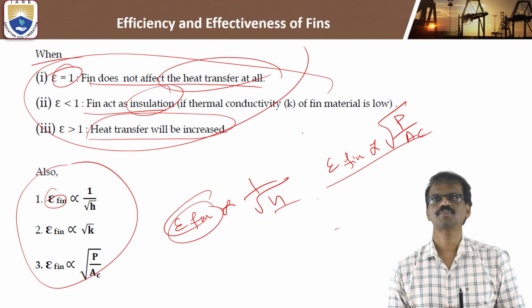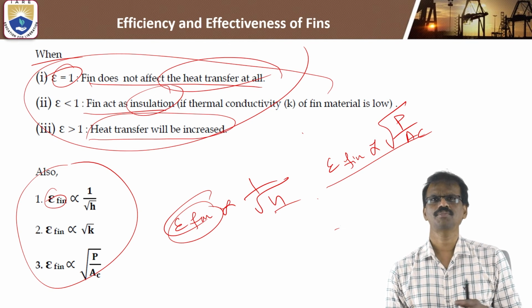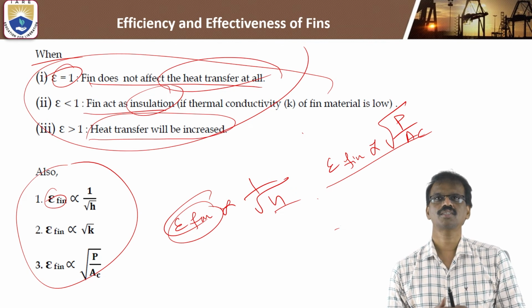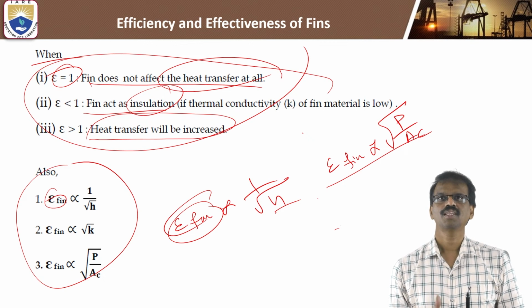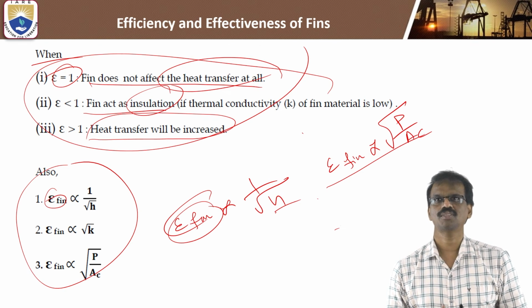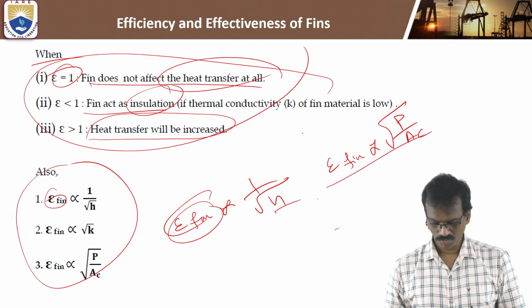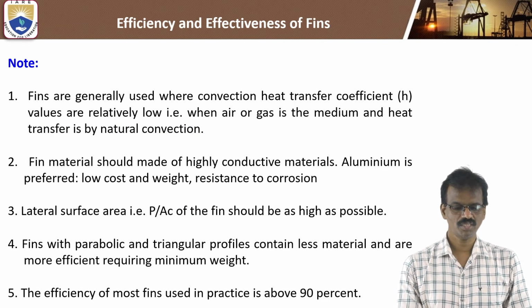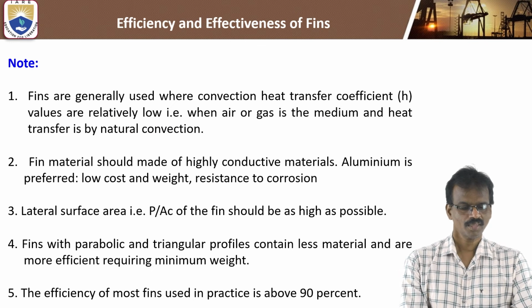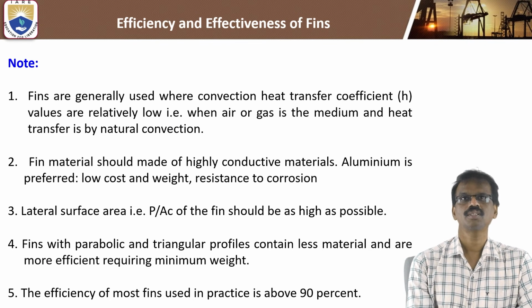We already discussed the effectiveness and efficiency, the performance of the pins. Performance evaluation is done by the efficiency method and the effectiveness method. We already derived those formulas. So these are a few points I am highlighting, remember these.